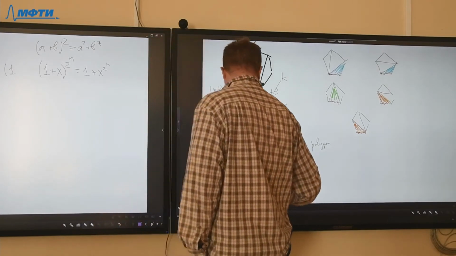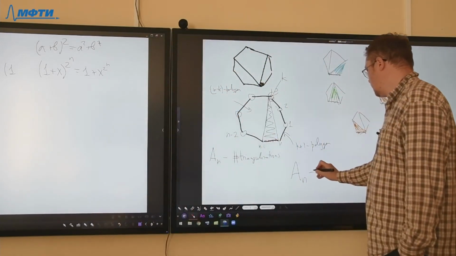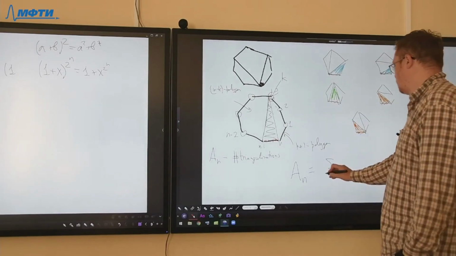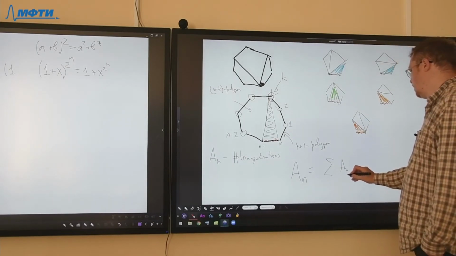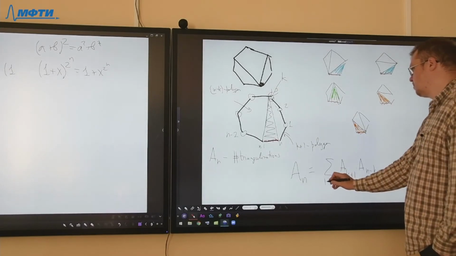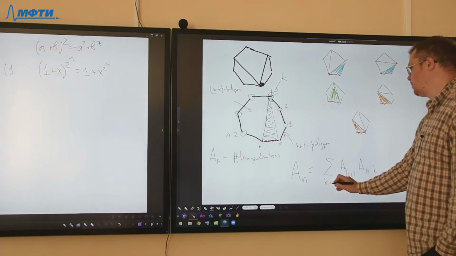So a_n is equal to the sum of a_{k+1} times a_{n-k}, for k from 1 to n minus 2.